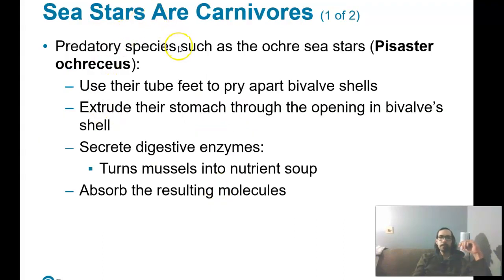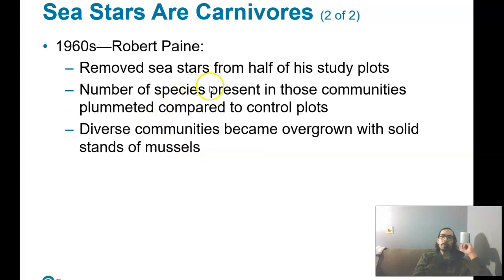Okay, so you can see how sea stars are important predatory animals. Like the Pisaster ochraceus, this is a type of sea star that, when removed from study plots, they did find that these animals are considered to be keystone species because they affect other animals in those communities.